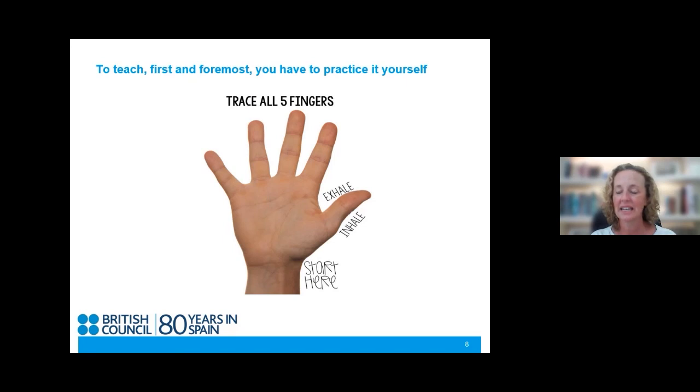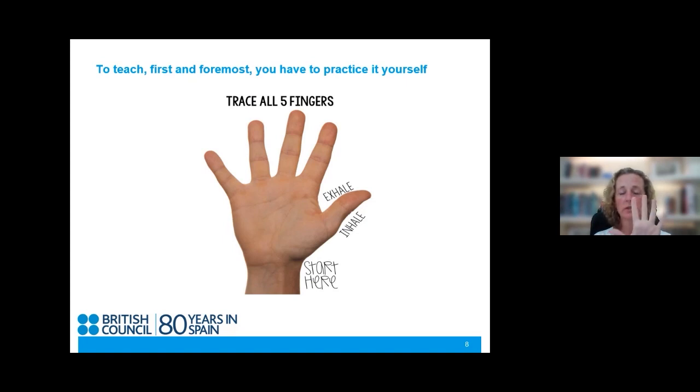So I would like everybody to hold their hand up in front of them. It doesn't matter if it's like this or like this, whatever's comfortable. Hold your hand in front of you and put your index finger at the bottom of the thumb. I want everybody to start at the bottom of the thumb.